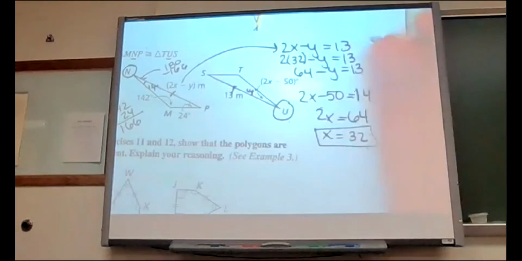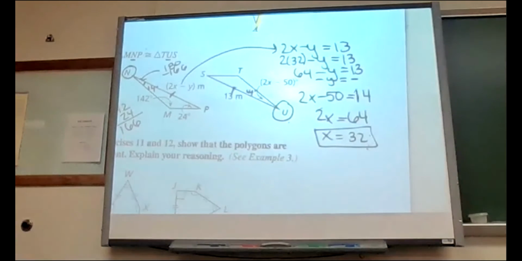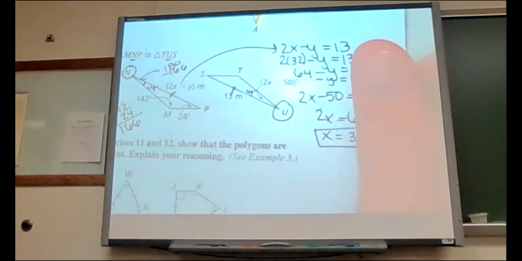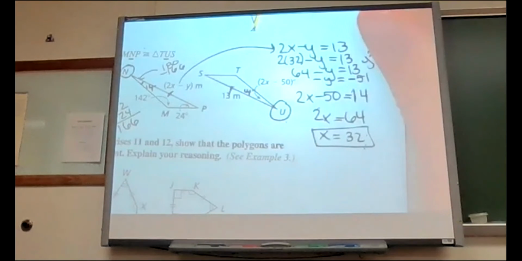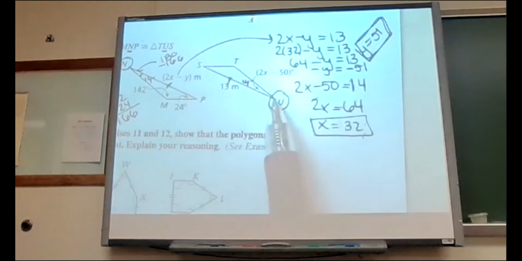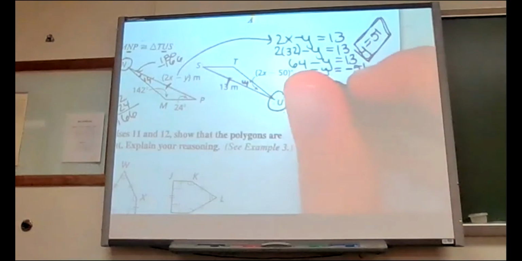Gonna run out of space. So then negative y is going to equal negative 51. And y equals 51. And you'll see that a lot where you have to find one variable first, then you're able to find the other variable because you can plug that in.